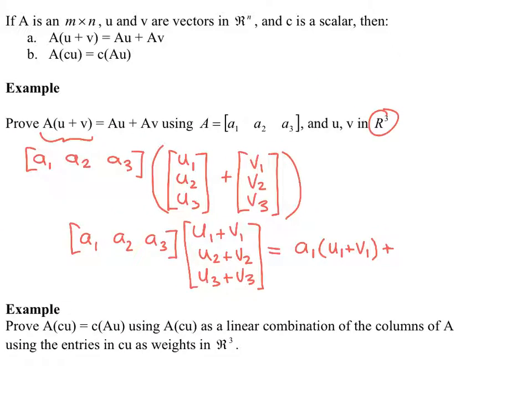Because we're multiplying here, I'll just make a note of that. This is a 1 by 3, 3 by 1, so the result should be 1 by 1.